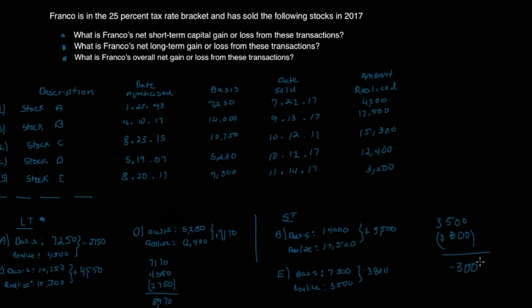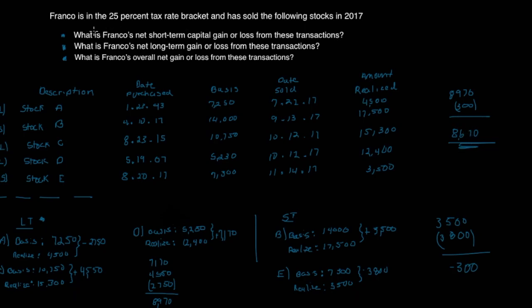Okay, so what we're going to do now is we are going to net our long-term and our short-term. So we're going to move up here and take 8,970. Subtract your $300 of losses. And then you'll have a net gain of $8,670. Okay.